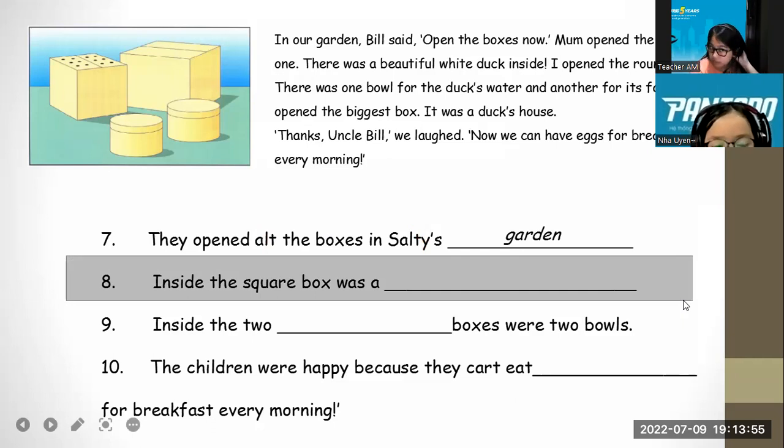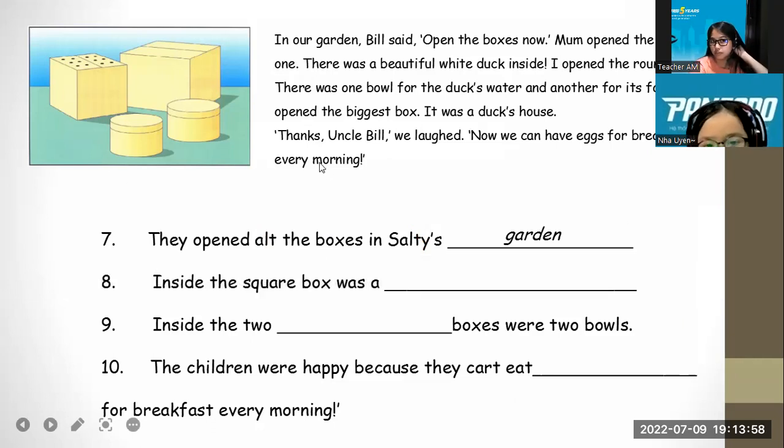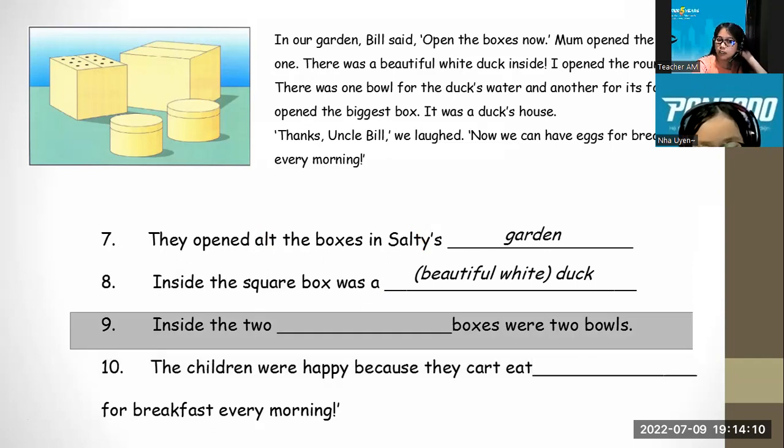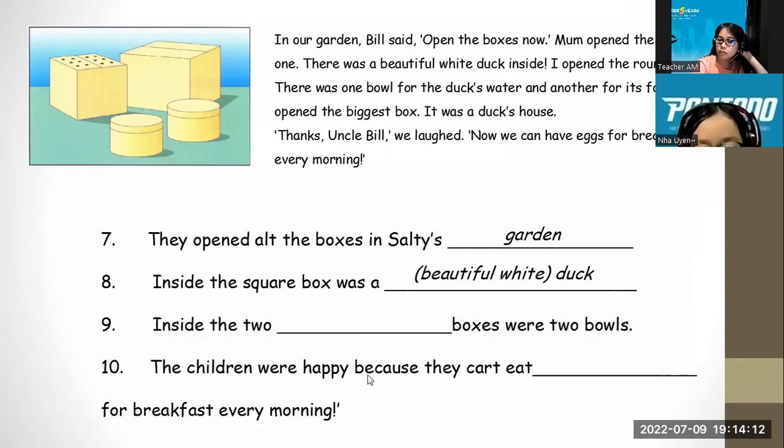Inside the square box was a beautiful white dog. Okay, this is very good. How about number 9? Inside the two round boxes with two bowls.